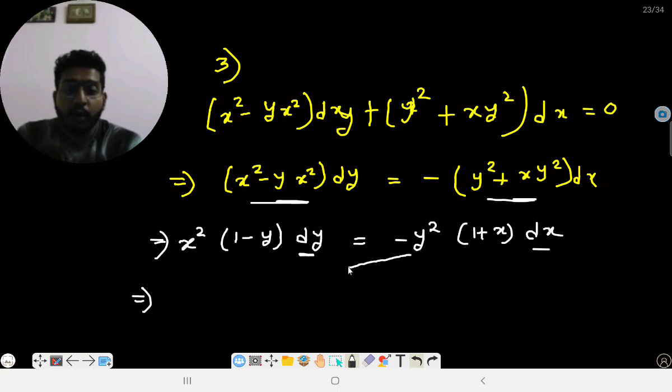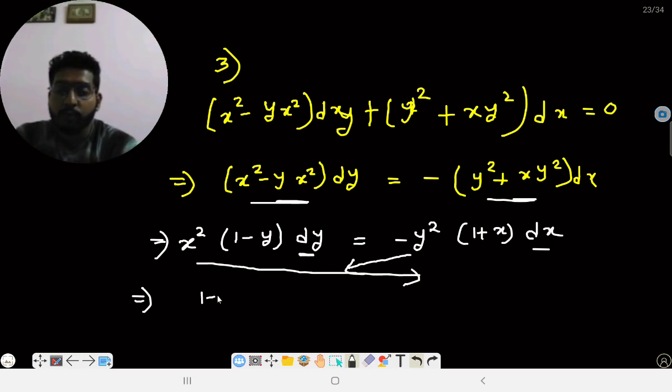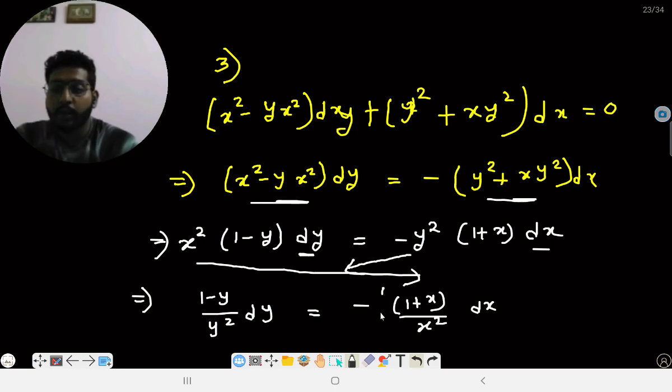How to separate? y square will come here and x square will come here. That means it will become (1 minus y) by y square dy equals (1 plus x) by x square dx. Now integrate both sides.